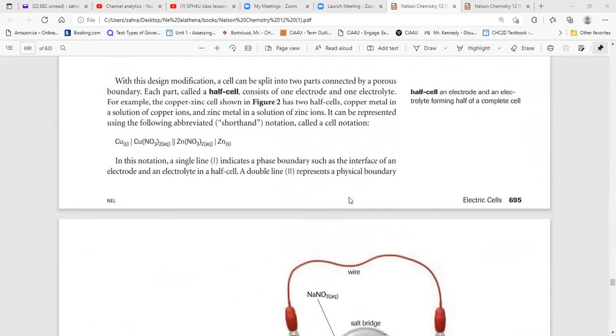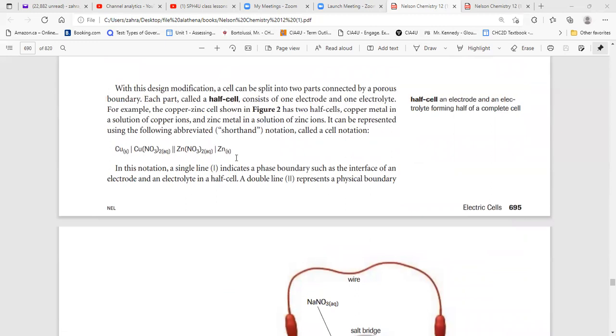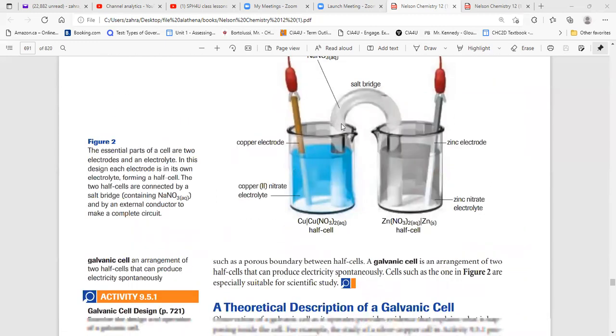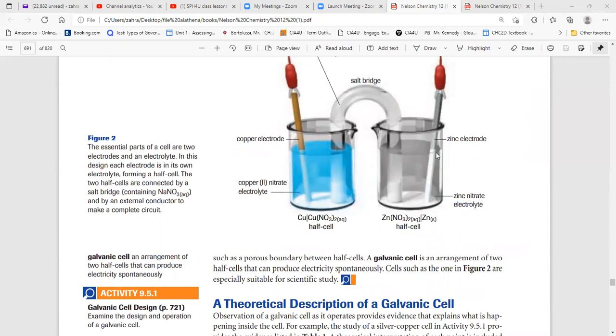And on the other side, we have ZnNO3 and Zn. Zn is zinc, a rod, and ZnNO3 is a solution, and here is a salt bridge. So zinc is the electrode, and the solution is the electrolyte. This is a half cell, and this is another half cell.